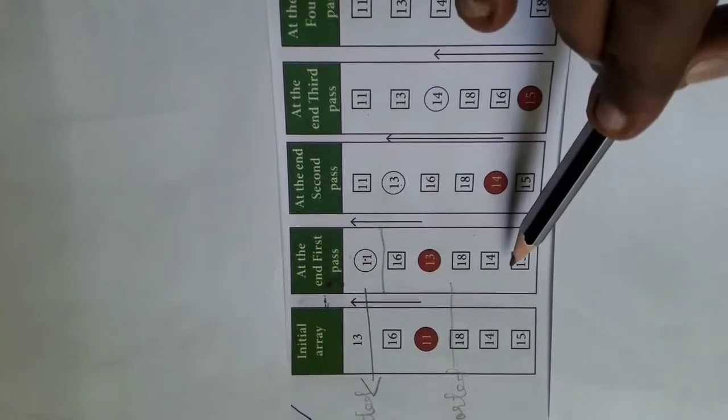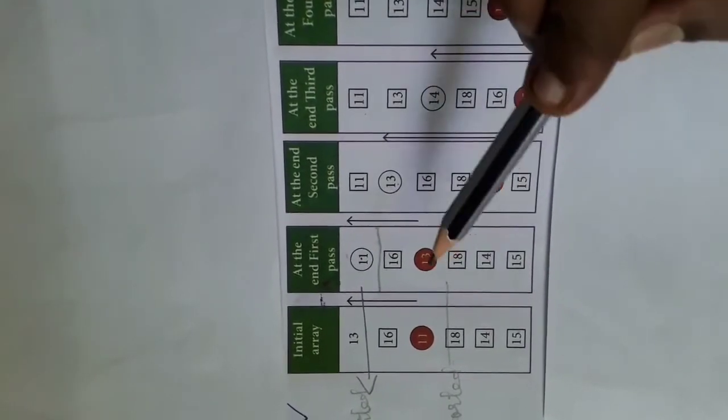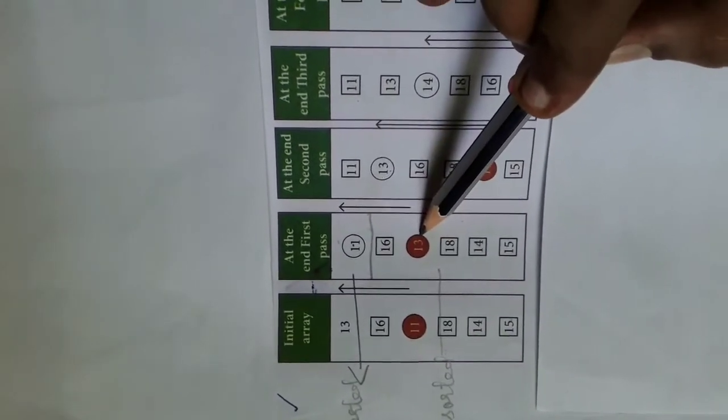Now your array of elements is divided into two blocks. These are sorted elements and these are unsorted elements. Now the second step will be, from among the unsorted elements, the smallest element will be searched, that is 13. 13 will be taken to the second position.